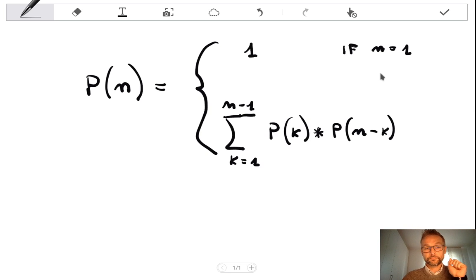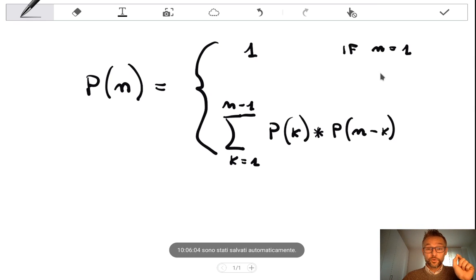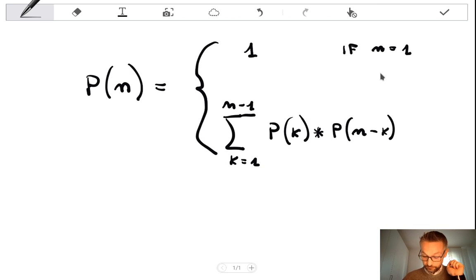Okay, and this is the number of parenthesization that we have for a chain of size n. Let me write: if n is greater than 1.